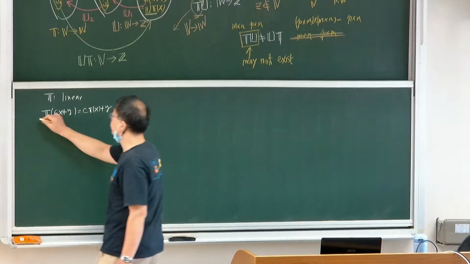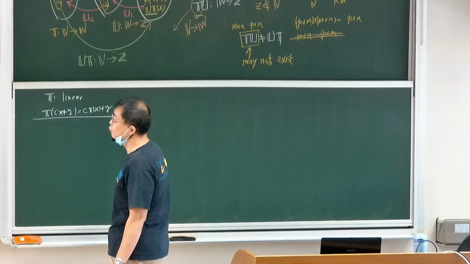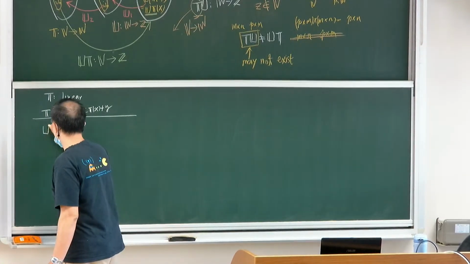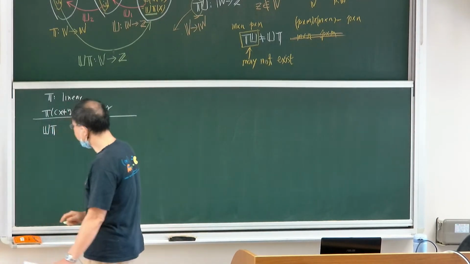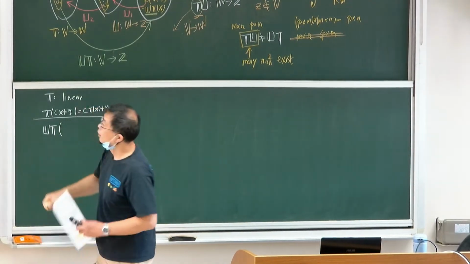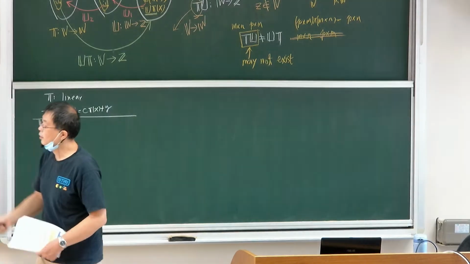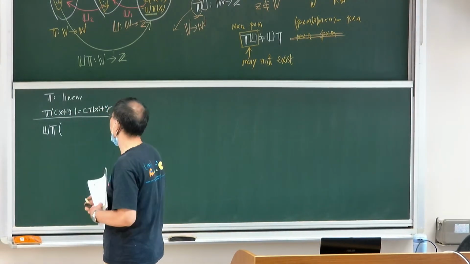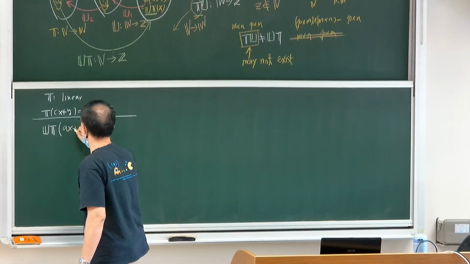So what we need to prove is that, okay, I have UT, and we operate it on, in the lecture notes it is ax + y, so I say ax + y.